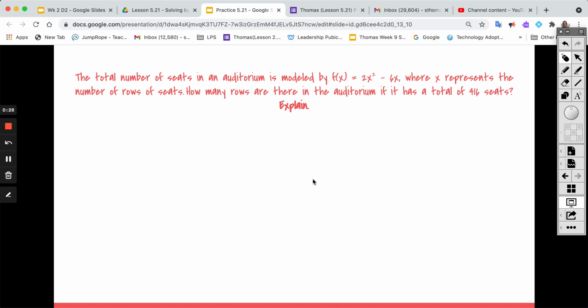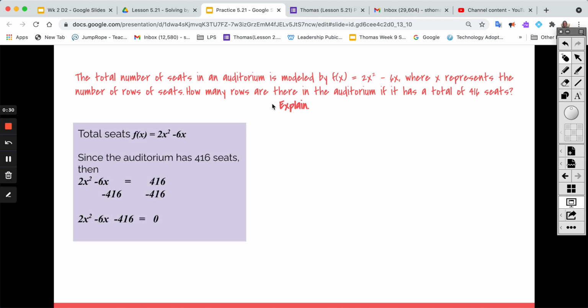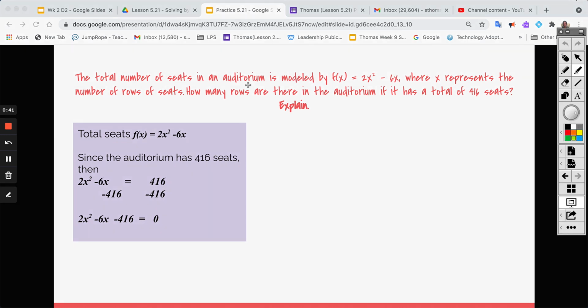All right, so how do we start? Well, we have to start by acknowledging the equation that is given that models this function. So we are told that f of x is equal to, all right, the total number of seats is given by 2x squared minus 6x.